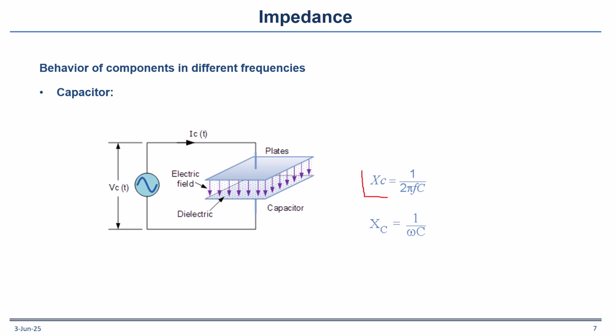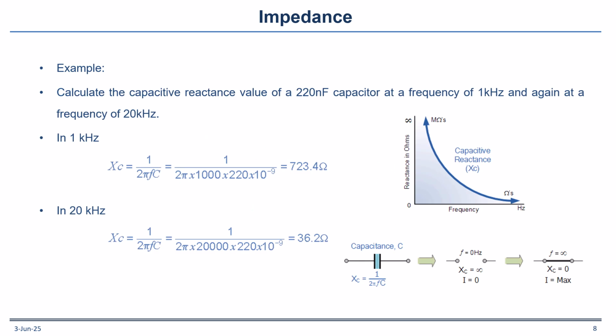So if we want to make an equivalent for circuit analysis, a capacitor to impedance or reactance, the value will be 1 divided by 2 pi fC, or 1 divided by omega C. This is the value of the impedance. And this is an example.